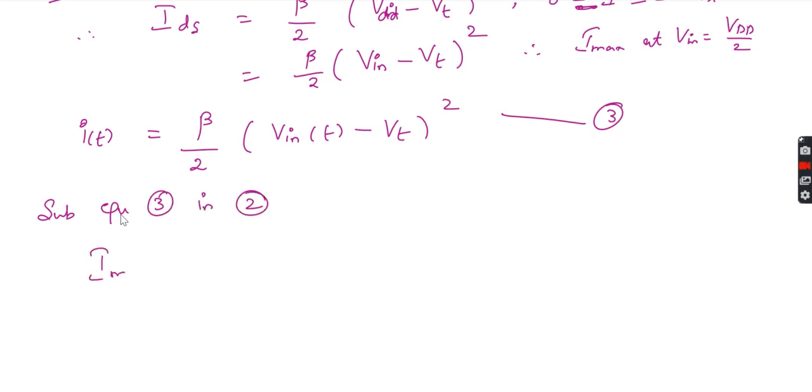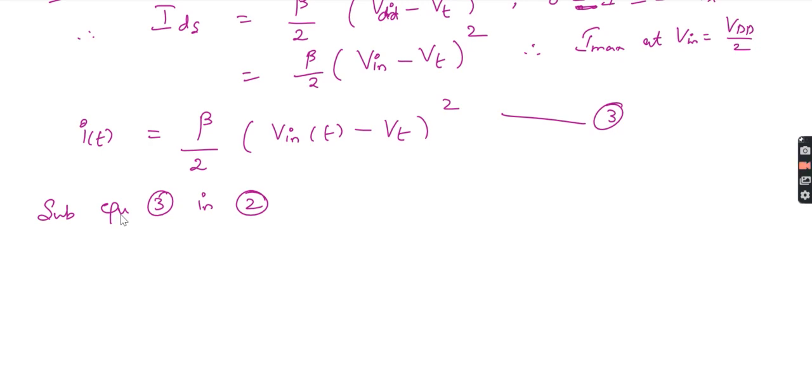That is, I max is equal to 4 by t. Before that I need to do some simple substitutions.